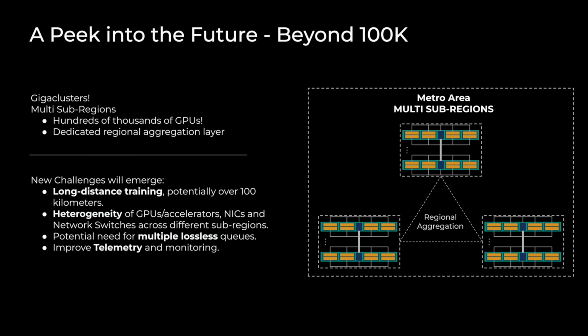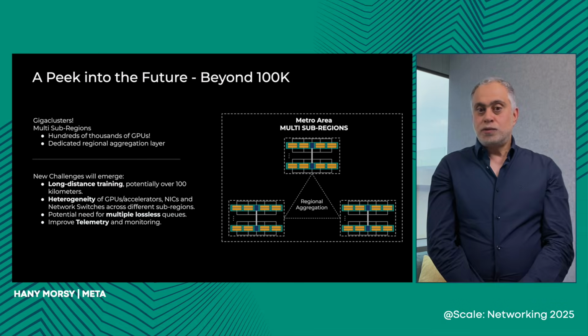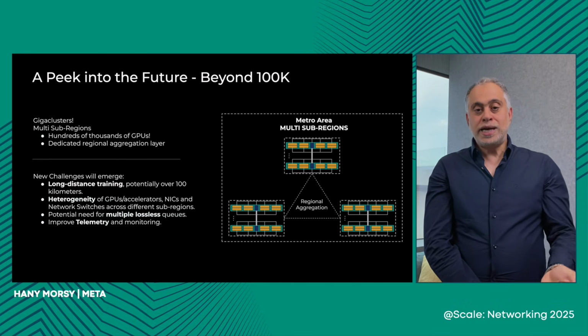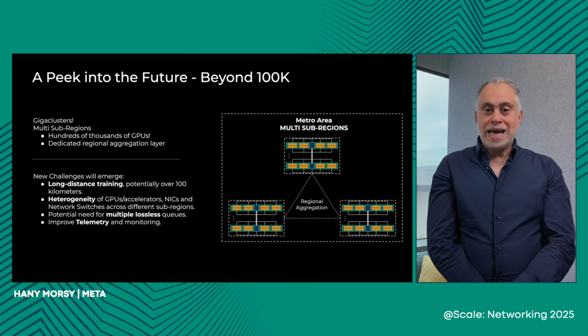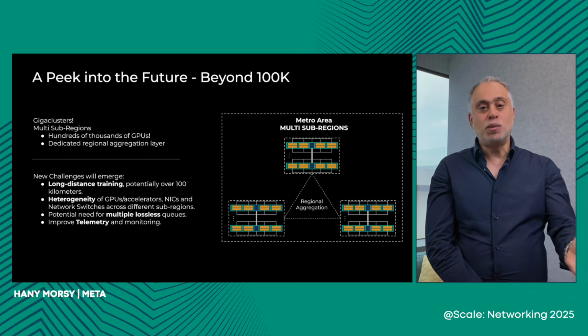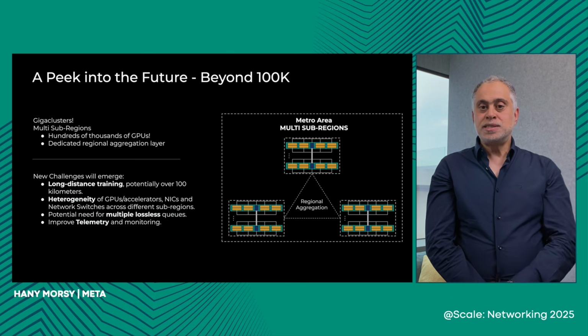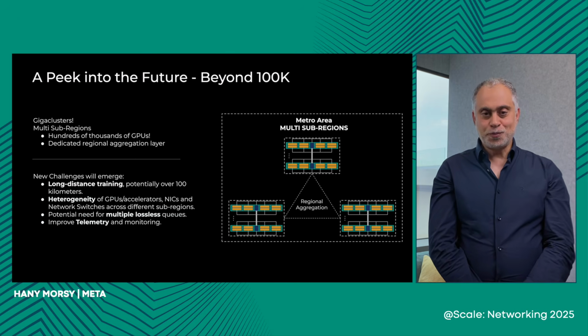New challenges will absolutely emerge with that new massive scale. For one, we will need to train models over very long distances, potentially hundreds of kilometers. For two, we will need to train our models across a diverse set of data center types and heterogeneous accelerator models, NIC cards, and switching platforms across the sub-regions.